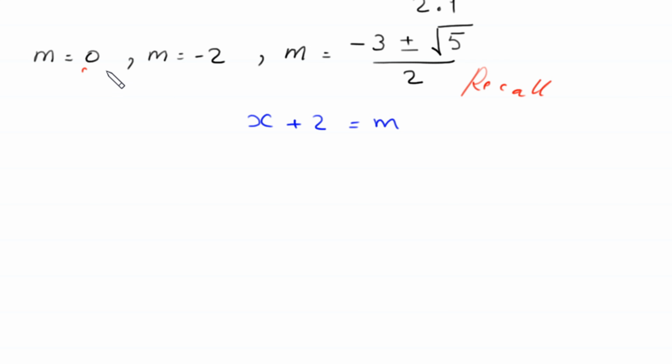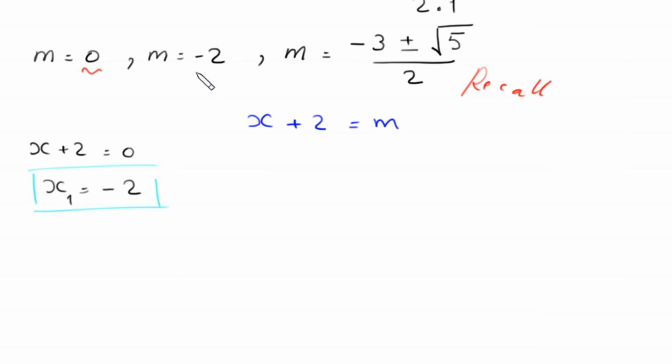So when m is equal to 0, then x plus 2 is equal to 0 and x is equal to negative 2. This is the first value of x. This is the first solution of this equation.